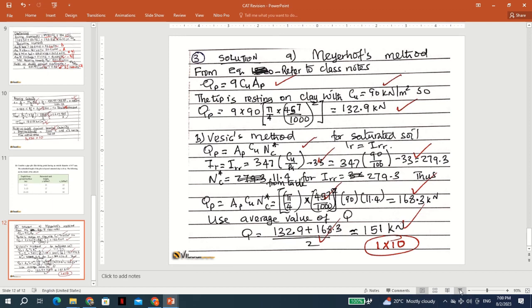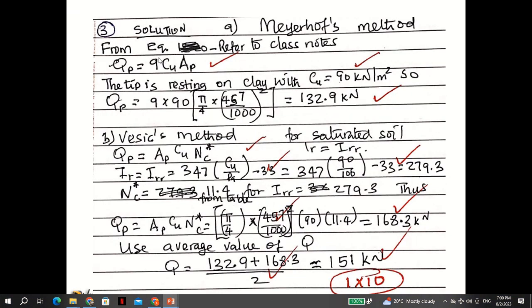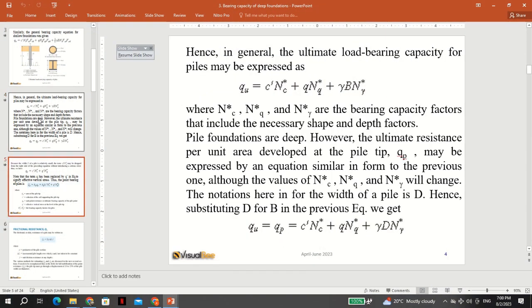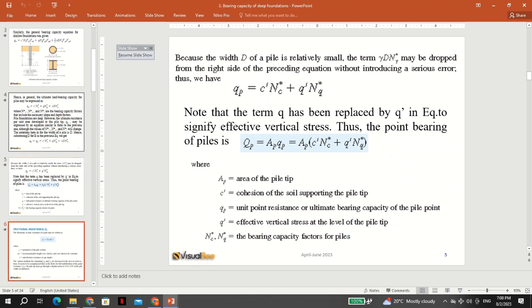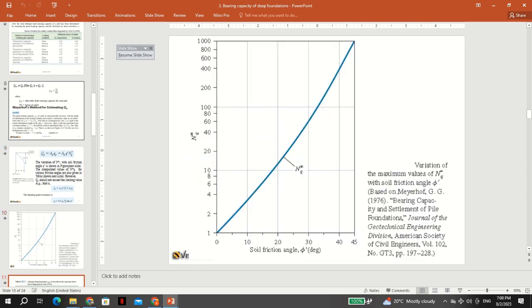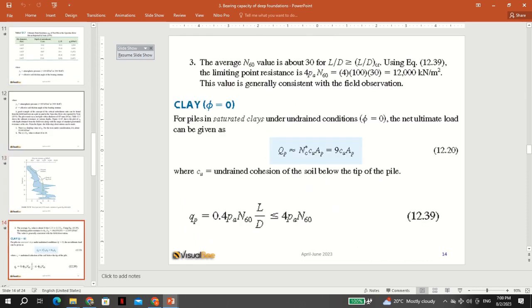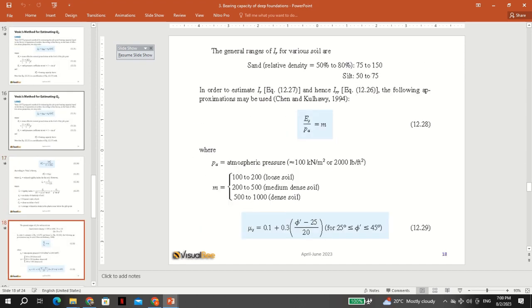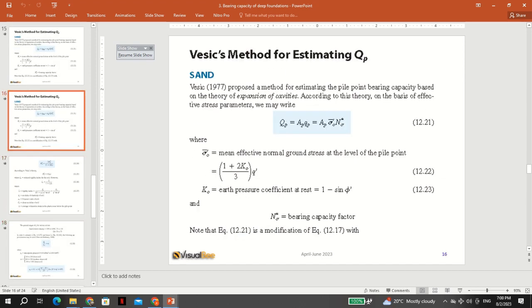So for the first one, you refer to the class notes where we derive this. Qp is 9 Cu Ap, and you can follow how we reach there. This one is Meyerhof, but that's for sand, and we're looking for clay.